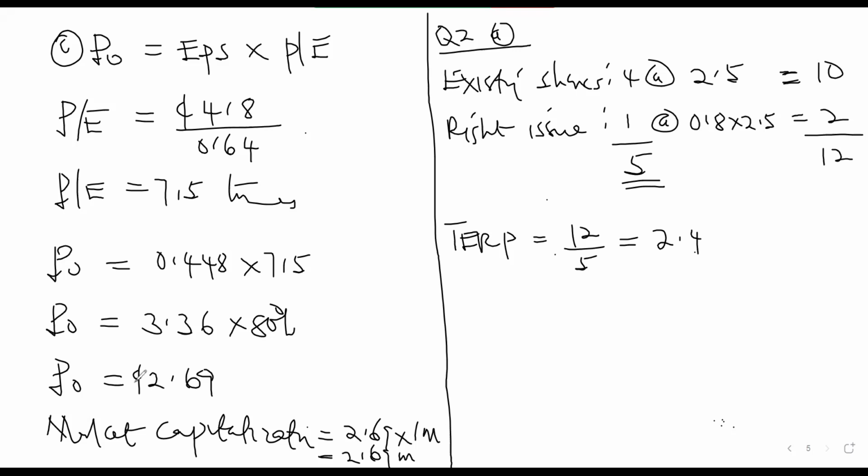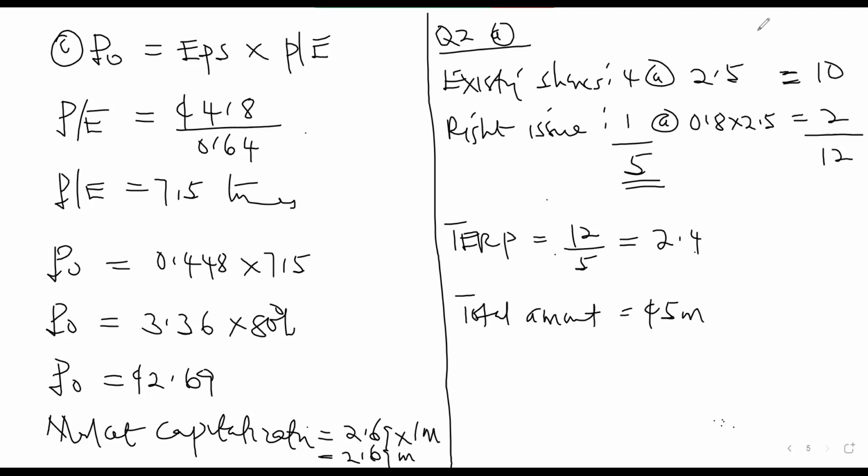Let's now come here. What is the total amount that we are expecting to raise from the rights issue? 5 million. We are expecting to raise 5 million, isn't it?